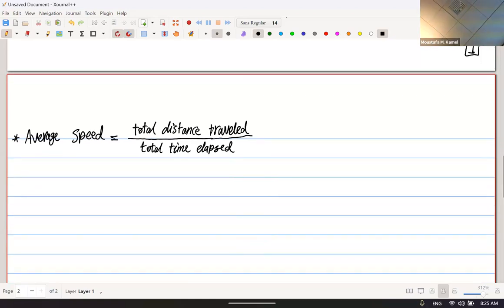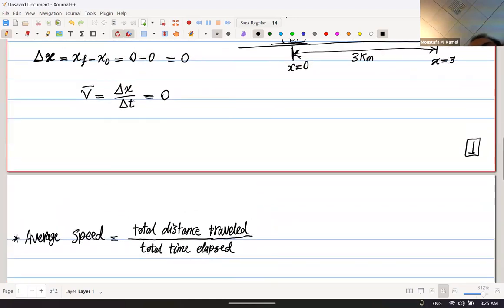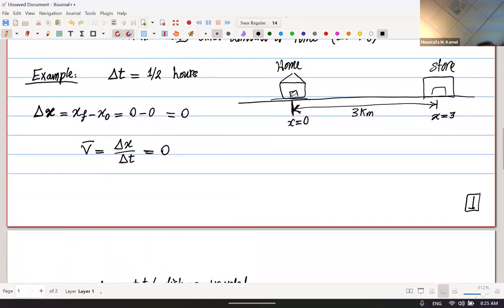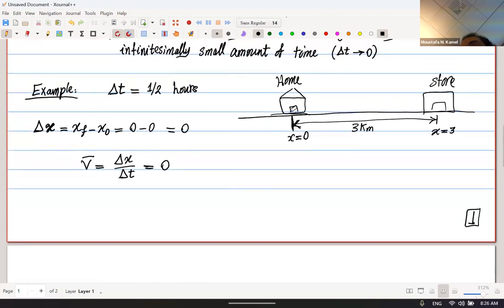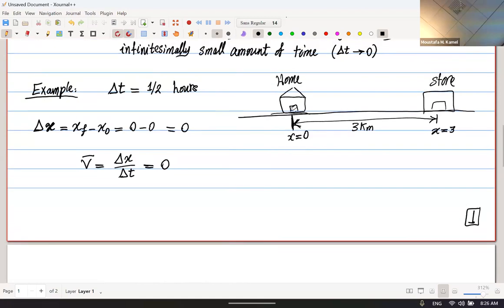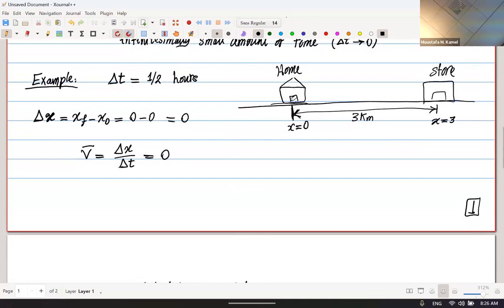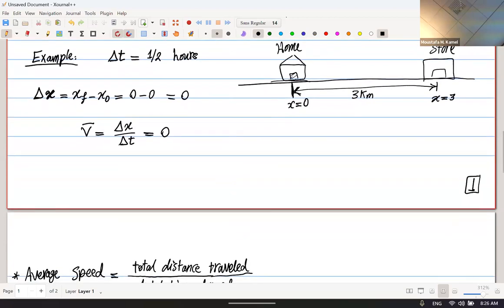So in the store example, what is your average speed? What is the total distance traveled first? Yeah. So you go for 3 kilometers and then you come back for 3 more kilometers.